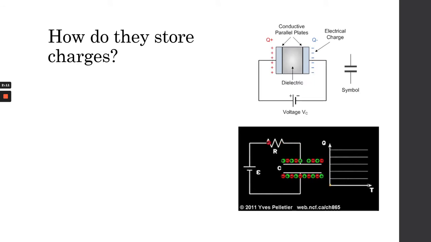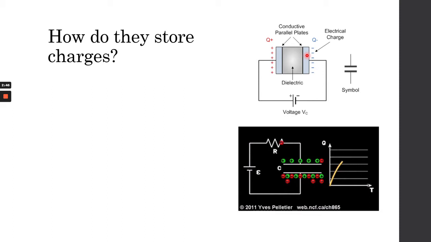So how do capacitors store charges? As you can see, there's a picture here in a GIF, or GIF, I don't know how you guys pronounce it, on how charges are stored in a capacitor. If you look at the picture right here, these are your two parallel plates or two parallel metals, and they're separated by an insulating material that we call a dielectric. If you notice, the two plates are electrically charged.